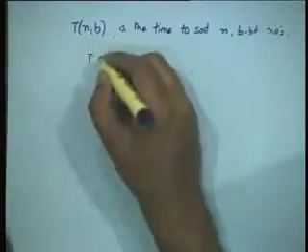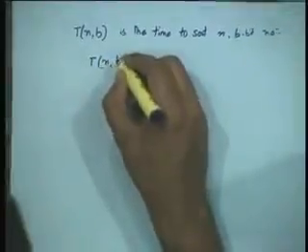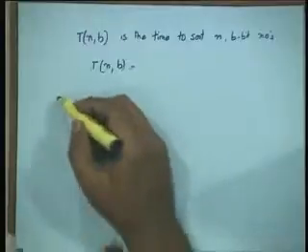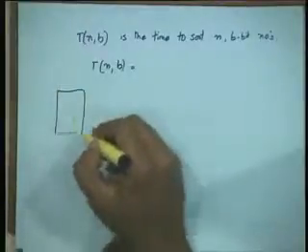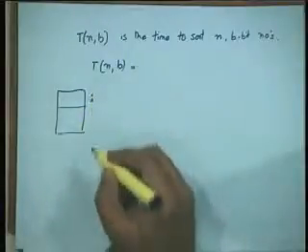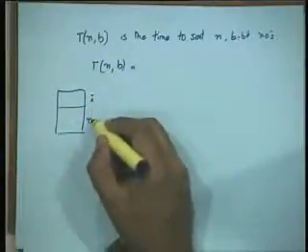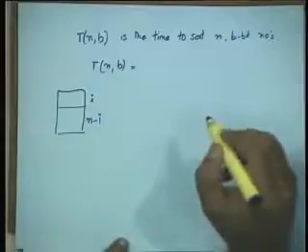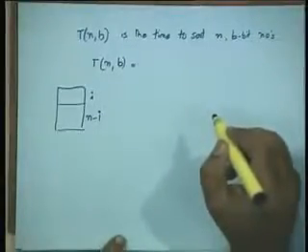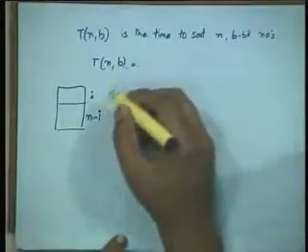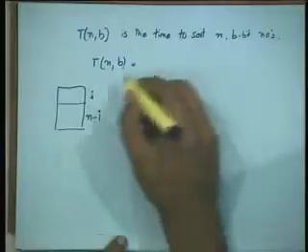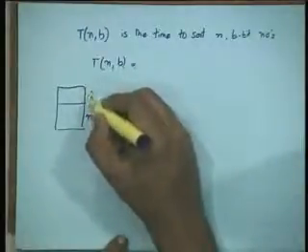What is this equal to? We are going to partition these n numbers into two pieces. This was the top subarray. Let's say this has I numbers in it, and the remaining would be n minus I. Now how much time does it take to sort these I numbers?